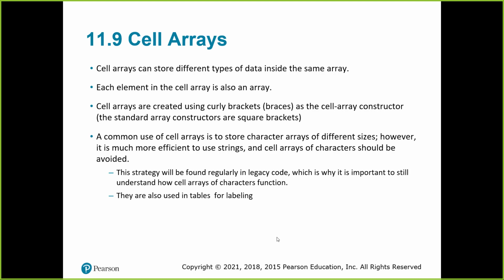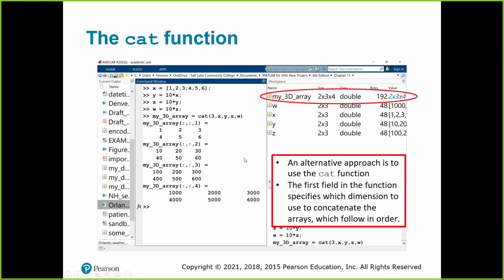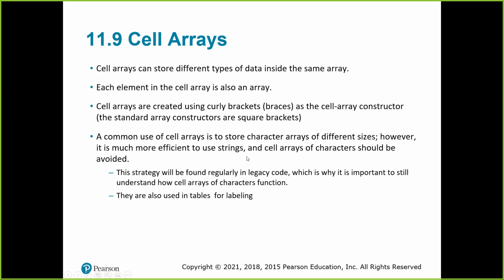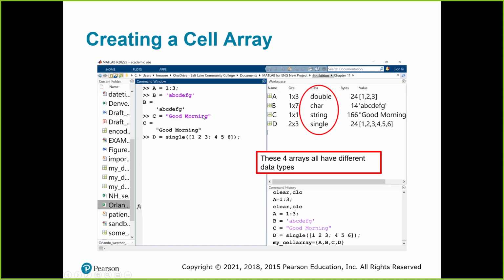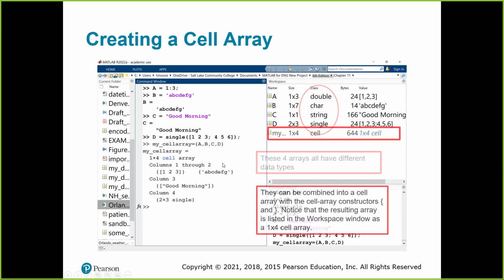Cell arrays are pretty much the same as the multi-dimensional arrays, but you use the curly brackets. Here we used parentheses, and here we've got our multiple variables that we're trying to put in, and now we're using the curly brackets.